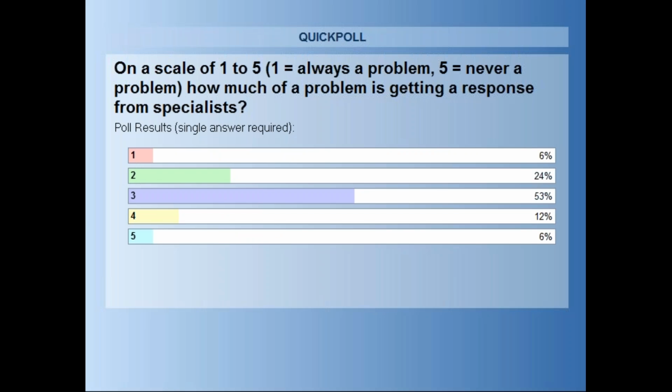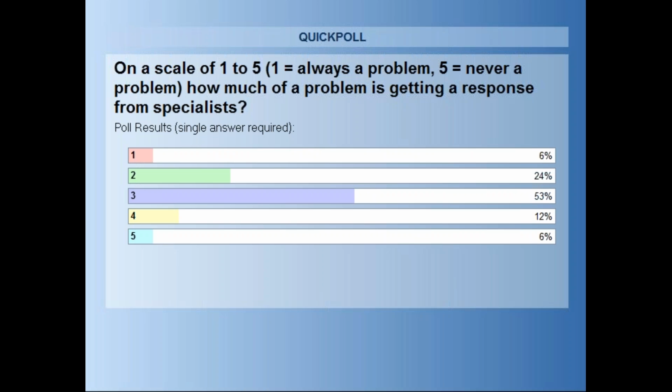So first of all, thank you everyone for taking the moment to vote here. As I mentioned, this was one of the key questions that we asked in our survey, and it looks like over half of you thought that it's sometimes a problem, basically middle of the road, and then after that started leaning towards more of a problem.